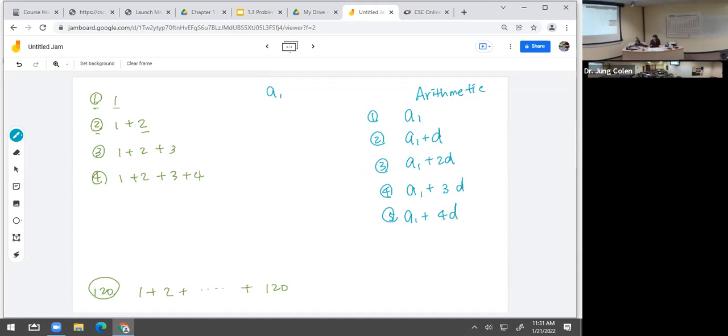So if we compare what's changing and what's staying there, a sub 1 is staying there. The sixth term will be a sub 1 plus. What's happening here is this is changing. What is multiplied to D? For the fifth term, I have one less number multiplying that by D. For the fourth term, I have 3 times d, which is 1 less than the number of terms.